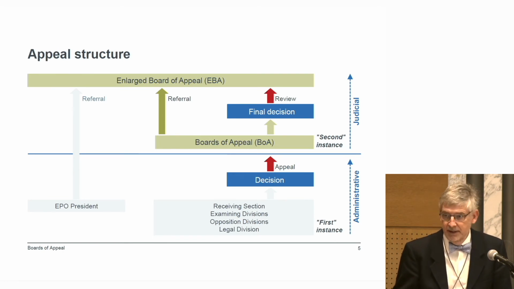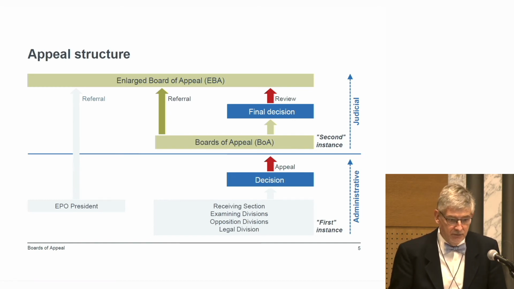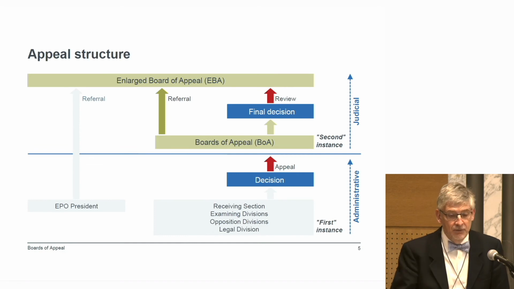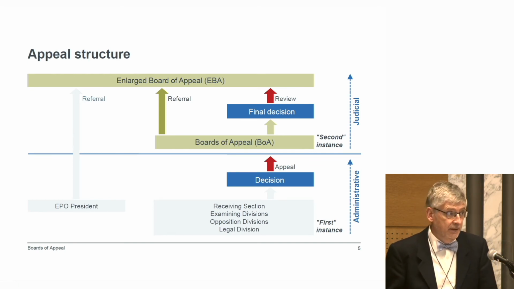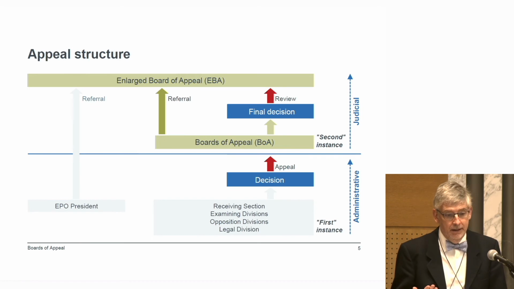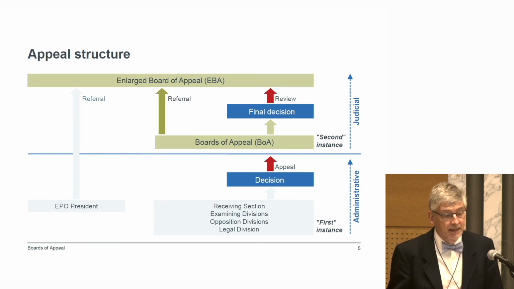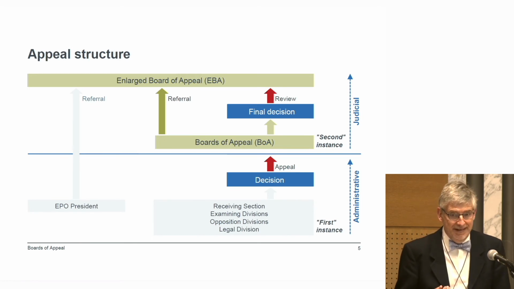Receiving section, examining section to decide on grant, opposition divisions to decide after grant, and the legal division for some legal aspects. All their decisions can be appealed to the boards of appeal, being the first and final judicial instance under the European Patent Convention.